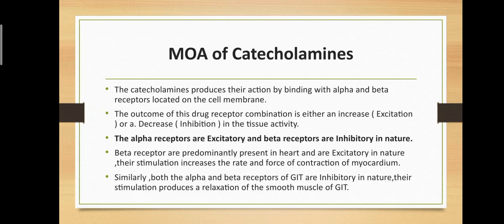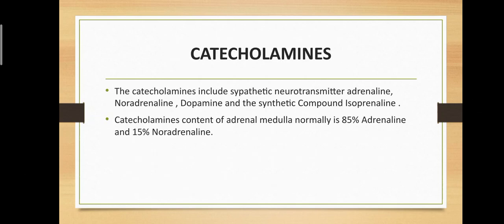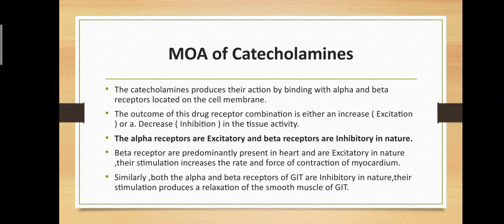Content of catecholamines: there is 85% adrenaline present in catecholamines and 15% noradrenaline. Mechanism of action of catecholamines is based on the receptors present in the cell membrane. The alpha receptors are excitatory and beta receptors are inhibitory in nature.